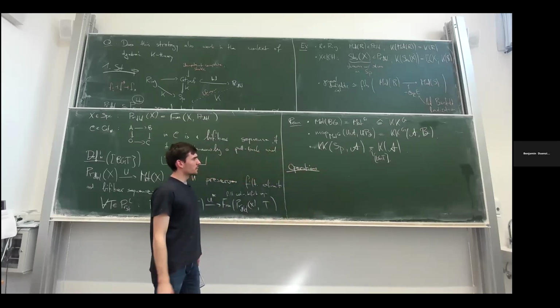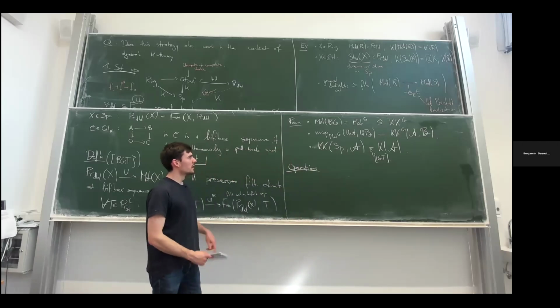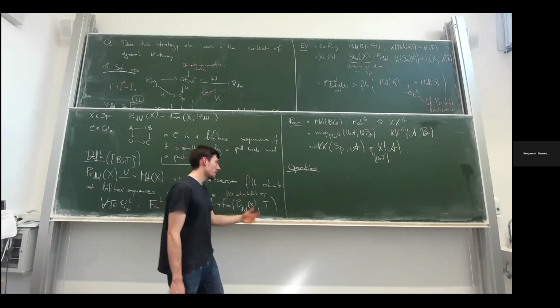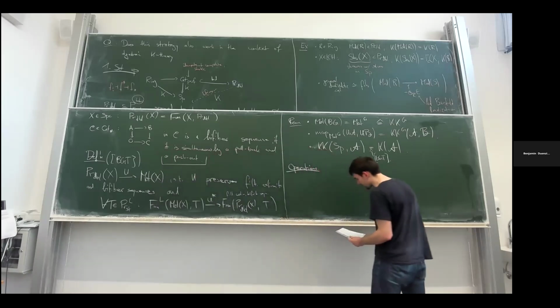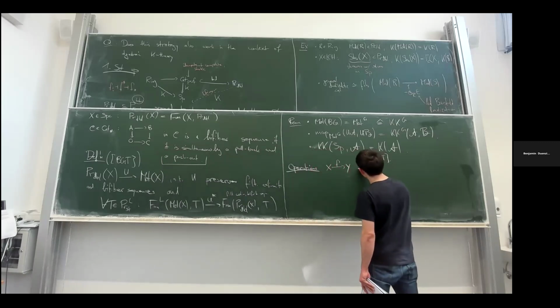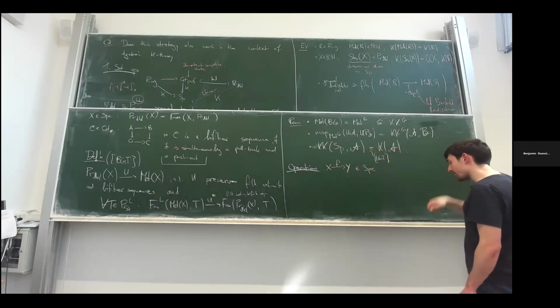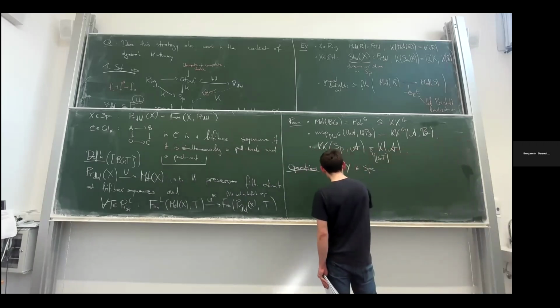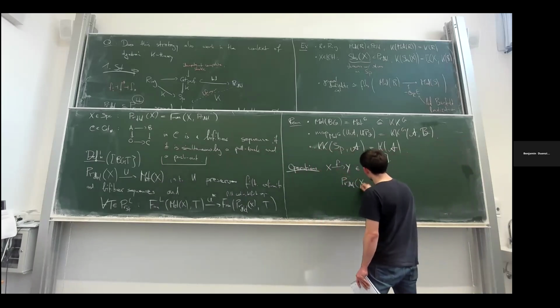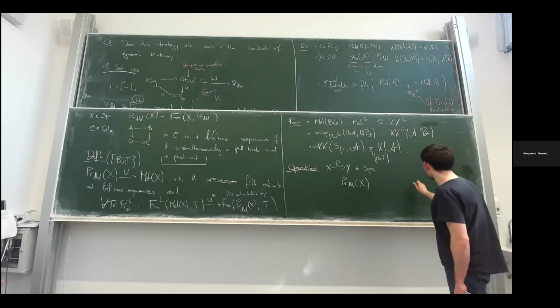For us, it's going to be important to understand how these G motives categories interact with each other if we vary G. So more generally, we can start with a map of spaces f, and then on the level of systems of dualizable categories we have the following operations.